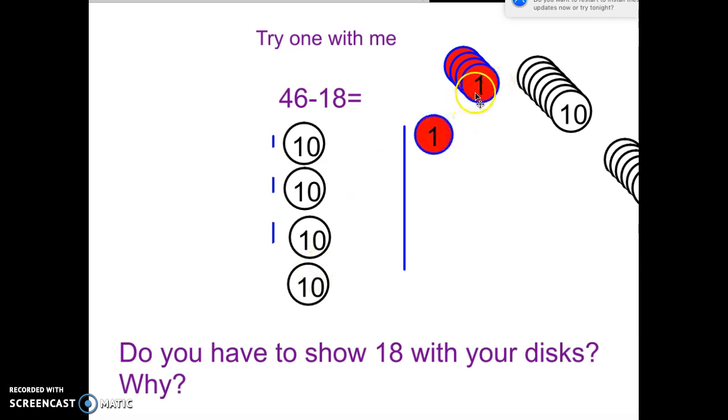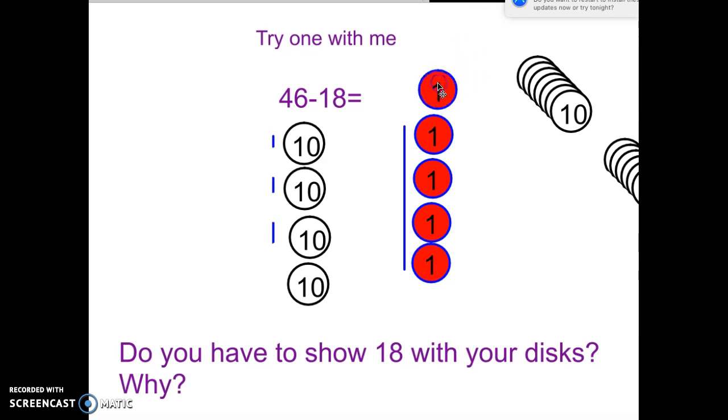Now, it doesn't matter if mine are different colors than yours, just as long as they have the numbers on them, because you're going to find that sometimes they're going to be different colors. So here is 43, 44, 45, and I need one more for 46. Okay. So here's my 46, and I am going to look and see if I can take away 18.